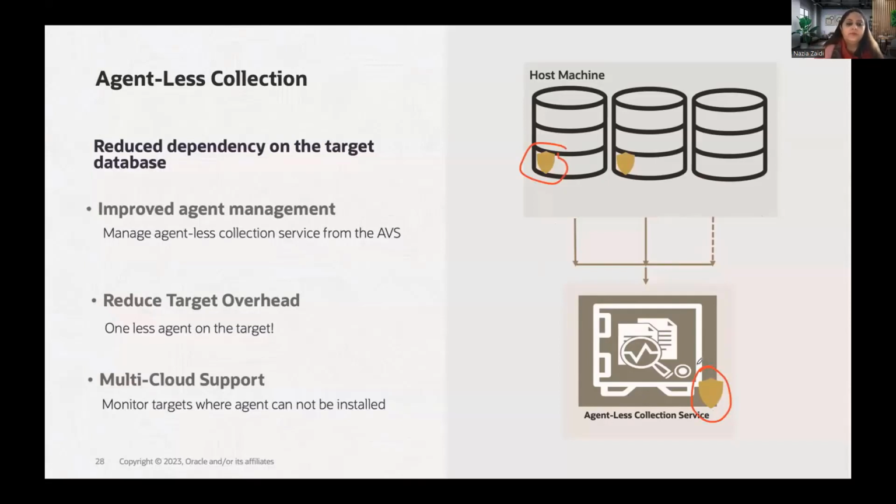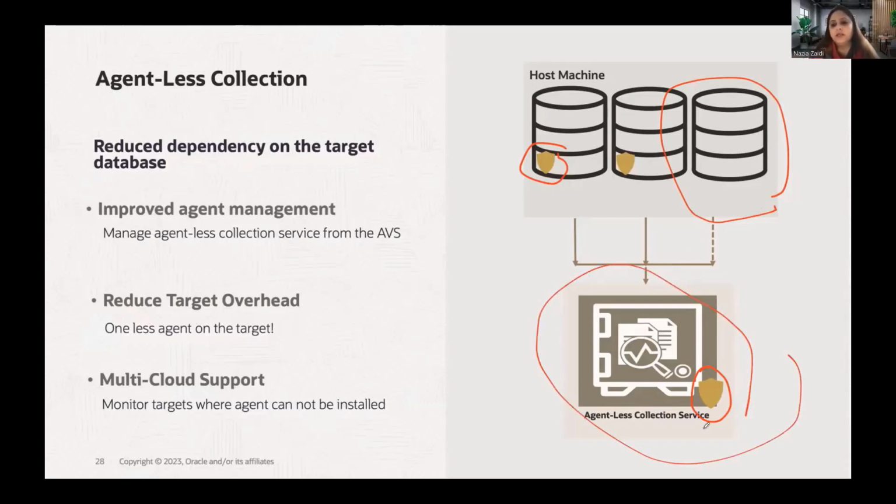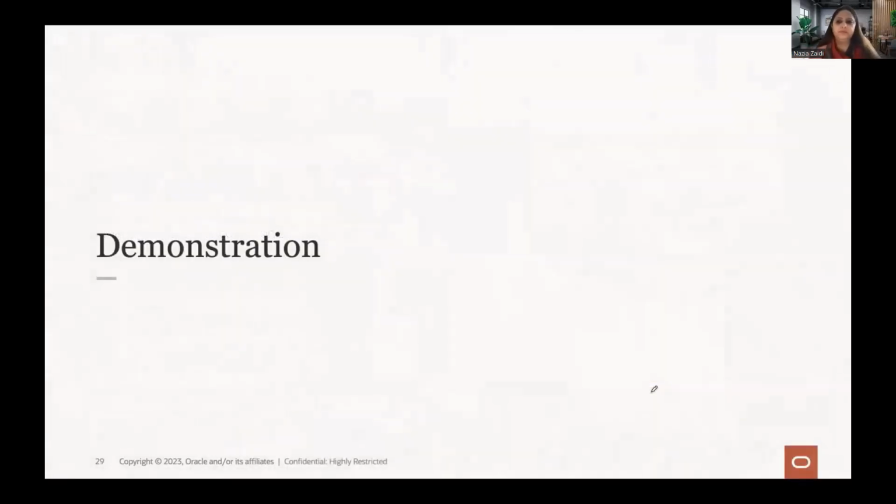I would say that is one less target to manage, and it's very useful in a multi-cloud environment, an environment where you do not have control of installing an agent on your target, or you don't have much resources on your target to install an agent. If you want to do any POC quickly, you don't need to depend on the host machine and agent installation. So you can have agentless deployment, and the agent service would internally be running in the Audit Vault server.